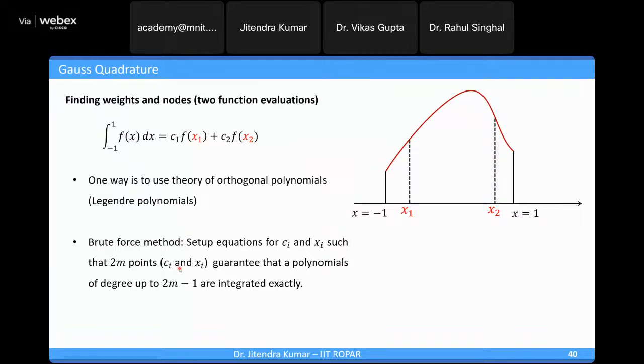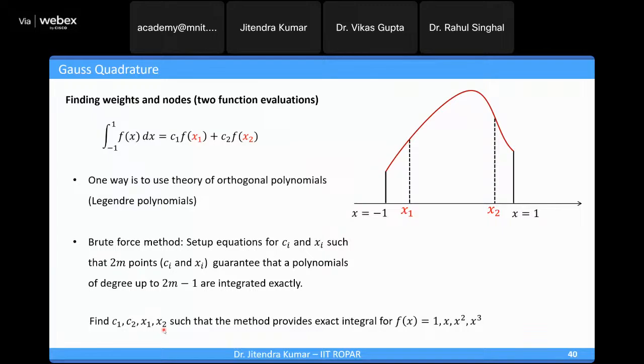Well, in this case, we have these 4 unknowns. We want a third degree polynomial to be integrated exactly. Earlier we considered a linear polynomial, which was integrated exactly. Now we are going with the third degree polynomial for this particular two-evaluation case.